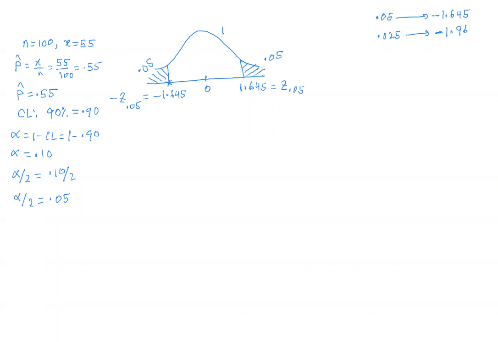So now that I have the z values, I can go ahead and find the margin of error, which is z sub alpha over 2 times the square root of p hat times 1 minus p hat, all of it divided by the sample size n.